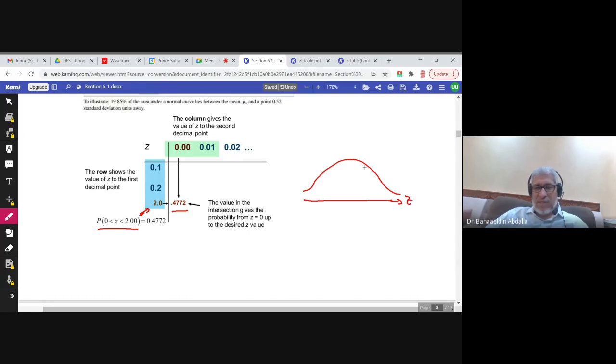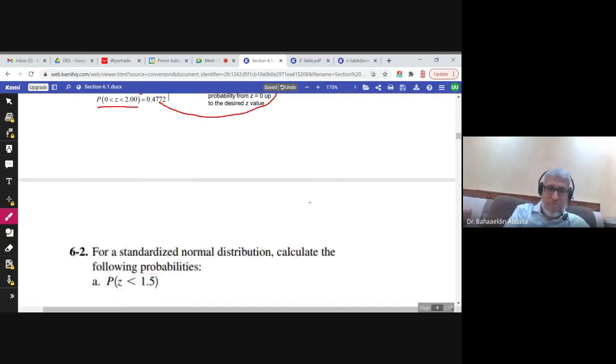This is Z, this is 0, this is 2. So this area is 0.4772. If you need to find this area, it would be 0.5 minus 0.4772. If you want to find this area, it is 0.5.